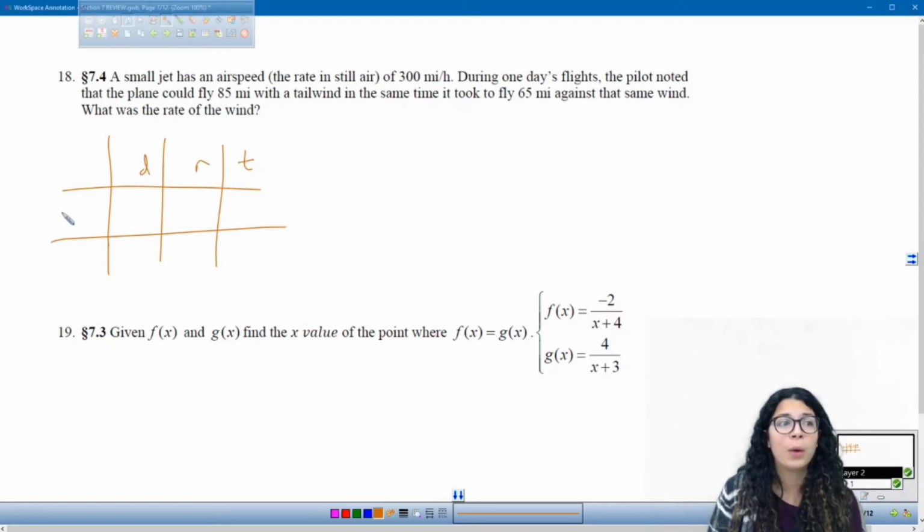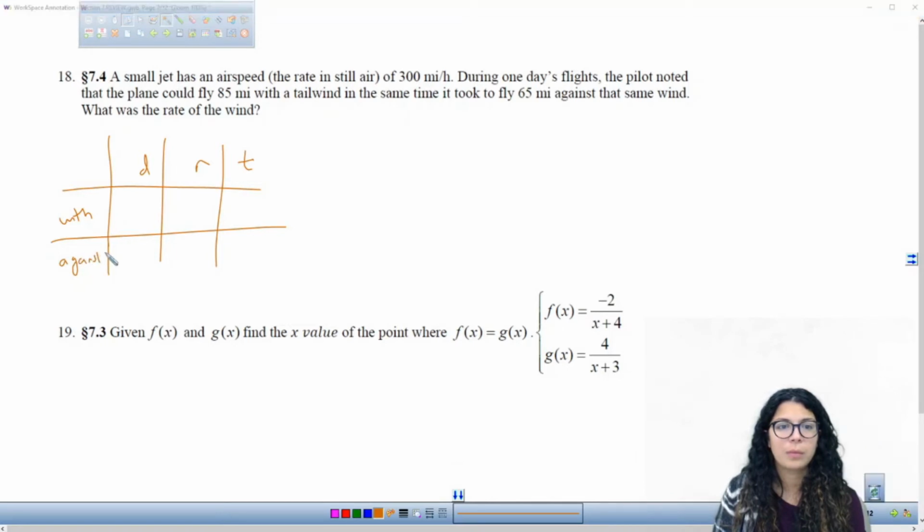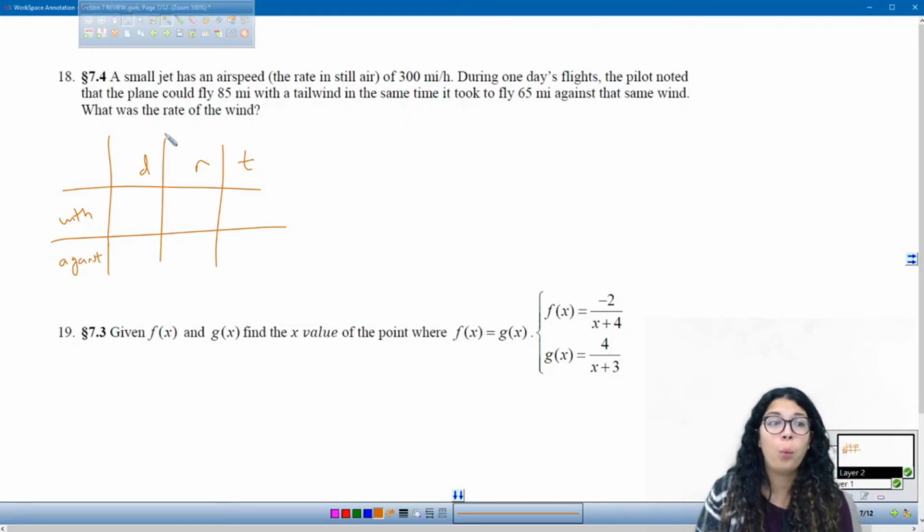You have going with the wind, on the way there, and then on the way back against that wind. Now, when you're going with the wind, you're going 85 miles. So you went with the tailwind and you went 85 miles. When you went against that wind, you went 65 miles. So we're organizing the distance there.